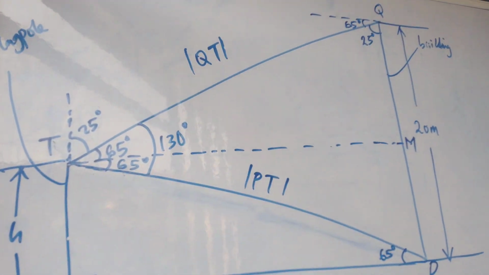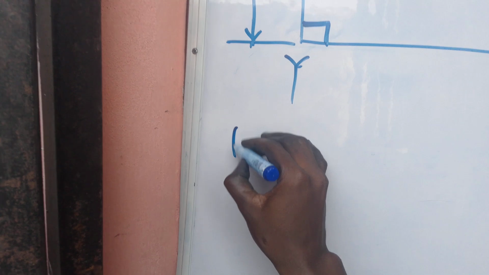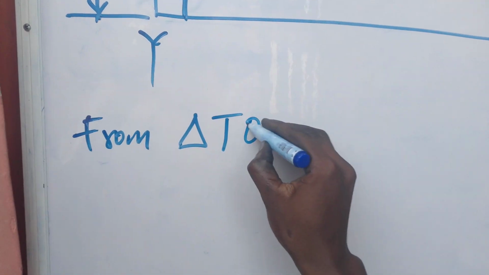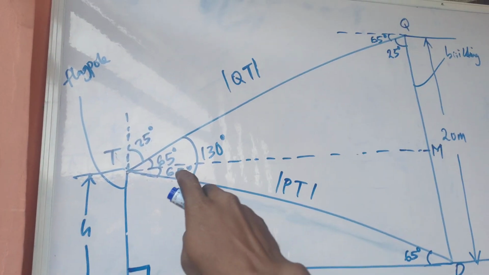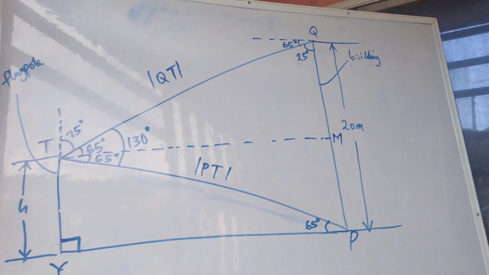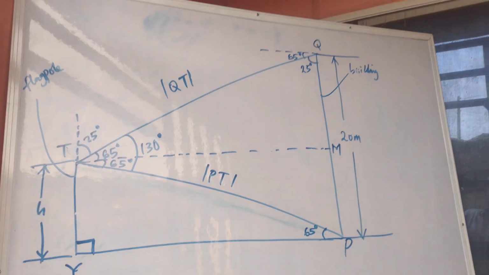So the next thing I'll do is to take triangle TQP. That is the triangle over there.